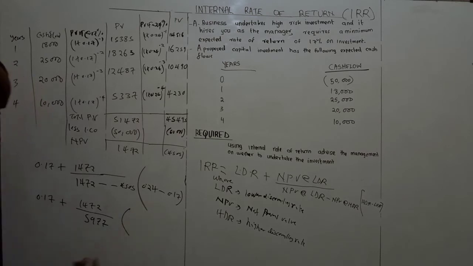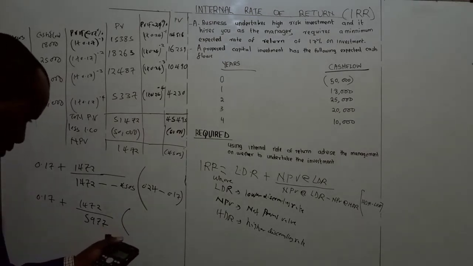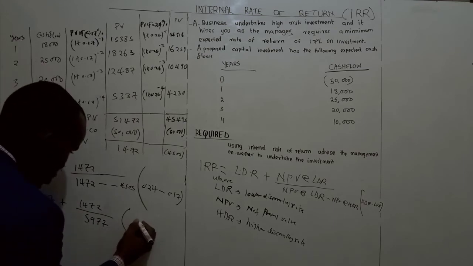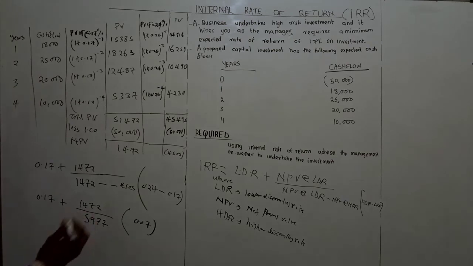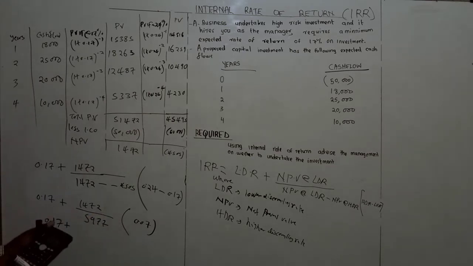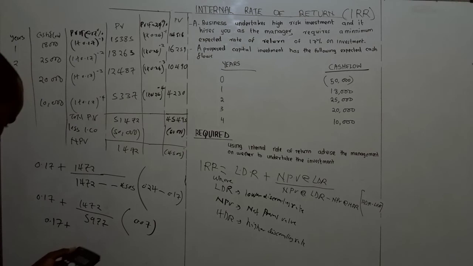Multiply it by 0.24 subtract 0.17, which comes to 0.07. Let's work this out: 1,472 divided by 5,977 gives 0.246.